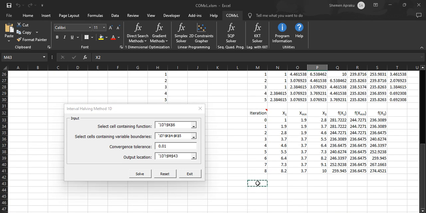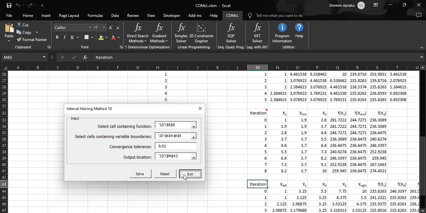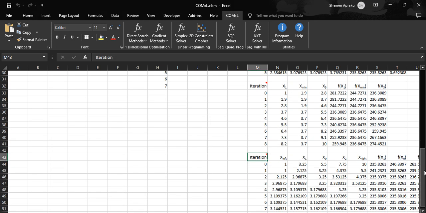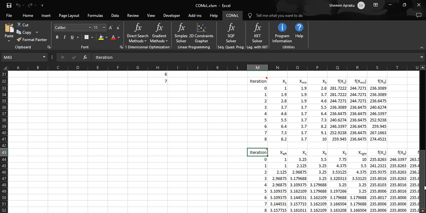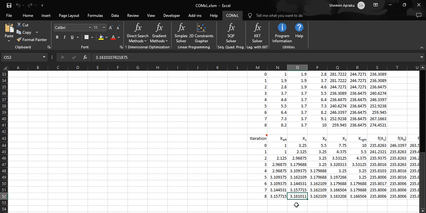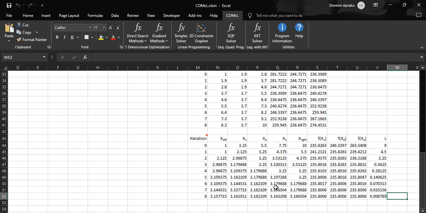And if I'm to add the interval halving method, the cell containing the function variable, the cell containing variable boundaries, the output location. So I click on solve.